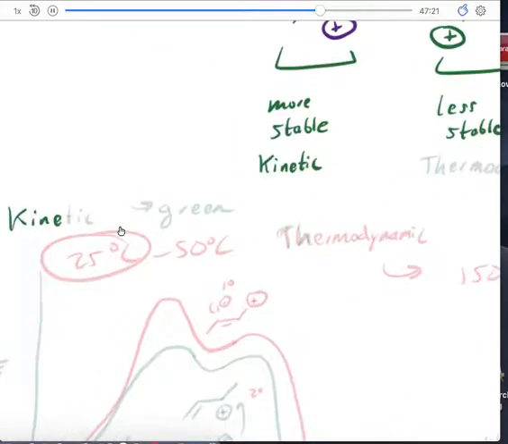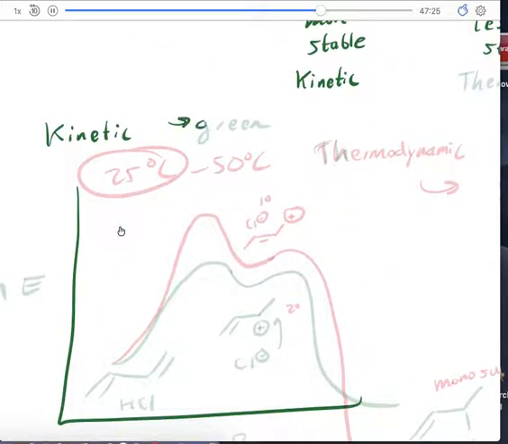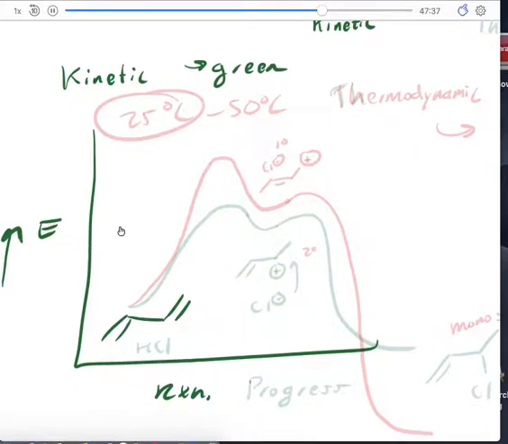So let's do the kinetic route. Kinetic. I'll leave that one in green, and I'll do the thermodynamic in red, I guess. So we've got our energy going up. We've got our reaction progress over here. So we jump up, form the intermediate right there.